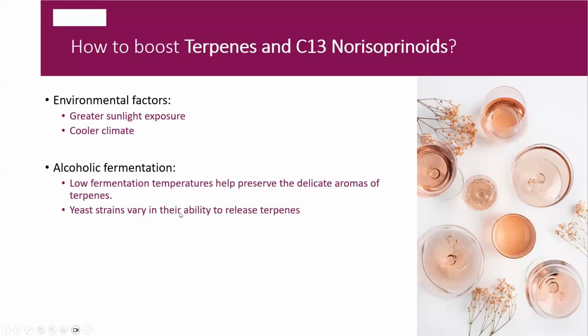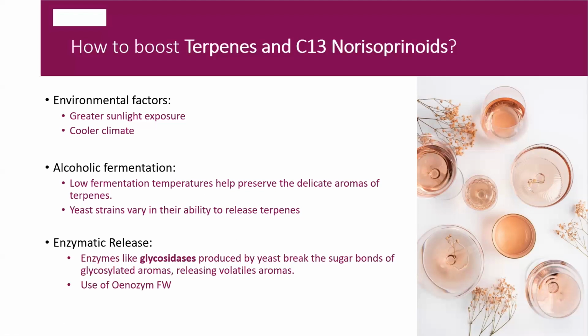Then winemaking decisions will also impact the accumulation of these aromas. To create more of these aromas, lower temperature will help to preserve them. And also using a specific yeast strain will help to release more of the volatile terpenes.